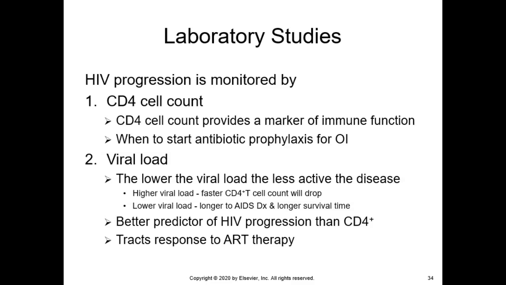If we have a high viral load, our CD4 count is going to drop faster, and if it's lower, then the person can live longer with this chronic disease. So viral load is a better predictor of HIV progression than the CD4, and it is what we use to track the response to ART therapy.